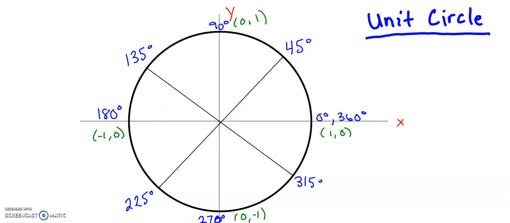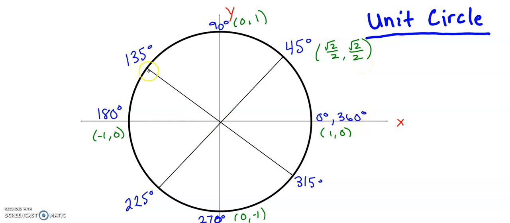So since this is in the first quadrant, I know it's going to be positive, positive. So that's positive √2/2, √2/2. Based off of symmetry, which makes sense, all of these values are going to go out √2/2 or up, √2/2 or down. So it's just a matter of figuring out positive versus negative.